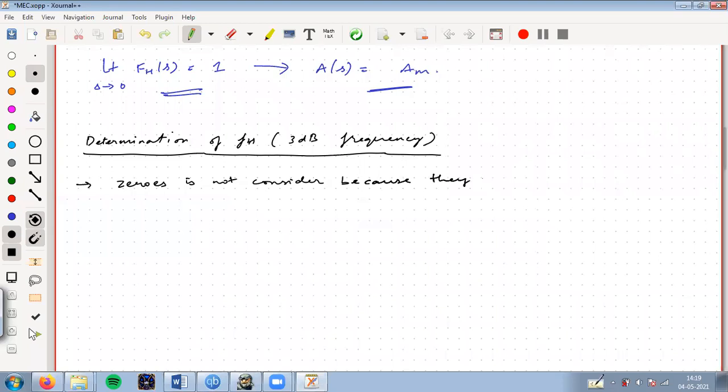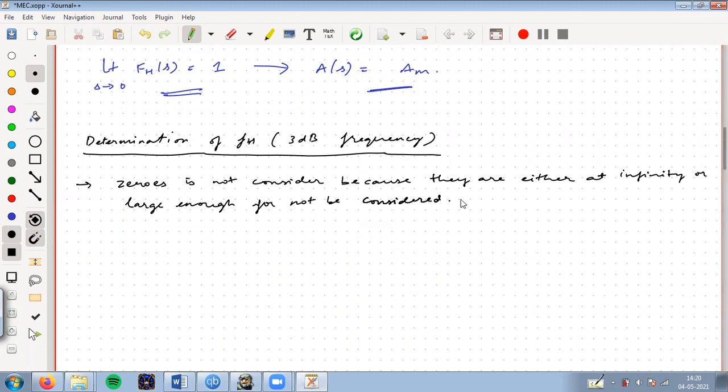They are either at zero, or at infinity, or large enough not to be considered. So zeros are not much of a problem for us. The problem is actually poles. The poles which I have, say I've written the poles as ωp1, ωp2, and so on, ωpn.